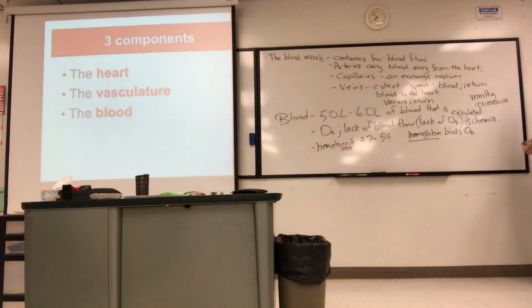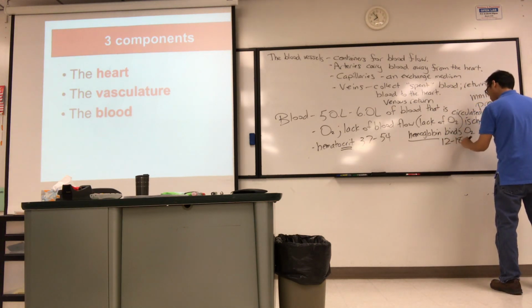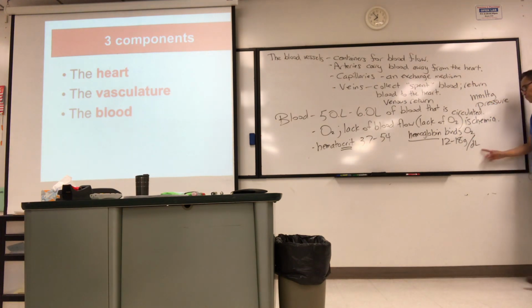You could just break up the red blood cells and look at the concentration of hemoglobin in someone's blood. That normal range is something like 12 to 18 grams per deciliter of blood. I think that's right, yeah. So 12 to 18 grams per deciliter of blood.